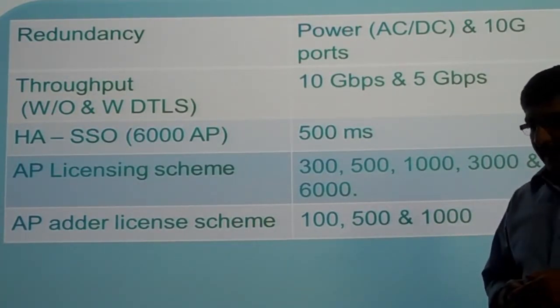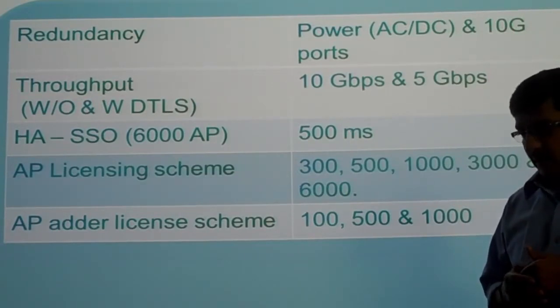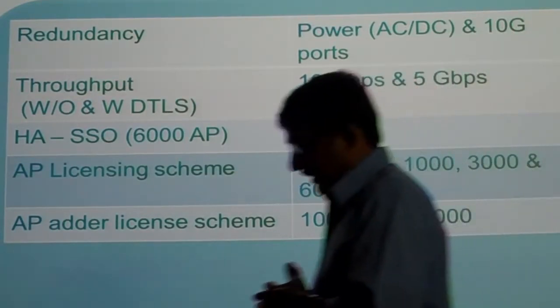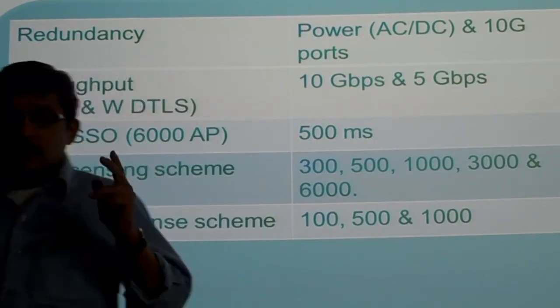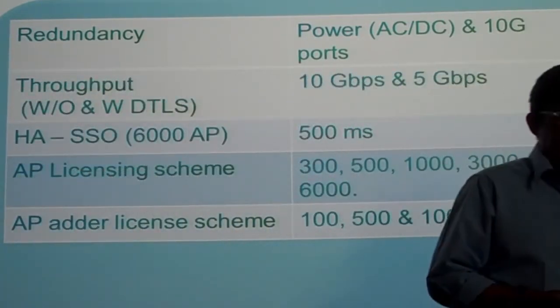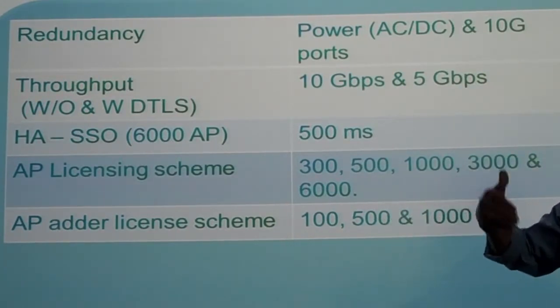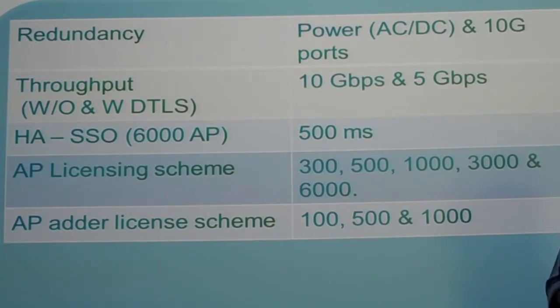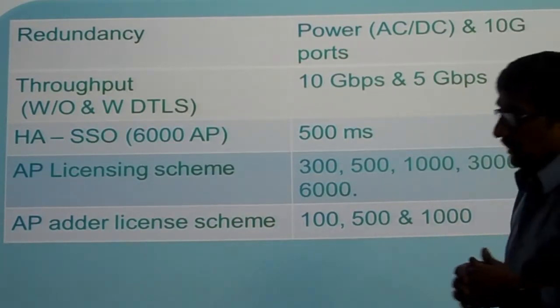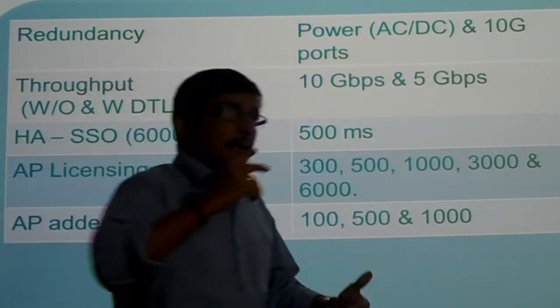Another interesting feature introduced in 7.3 was box-to-box high availability. An 8500 series controller paired with a peer of the same capability can provide box-level high availability with the APs.